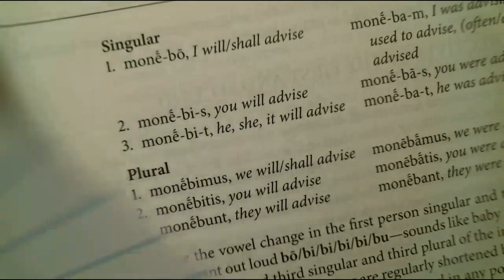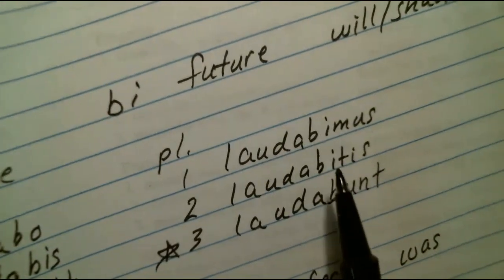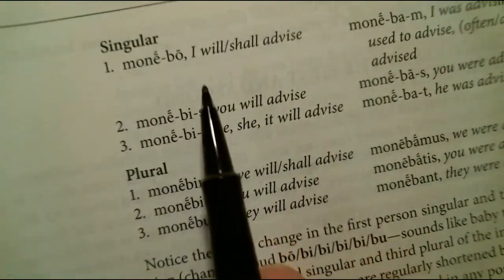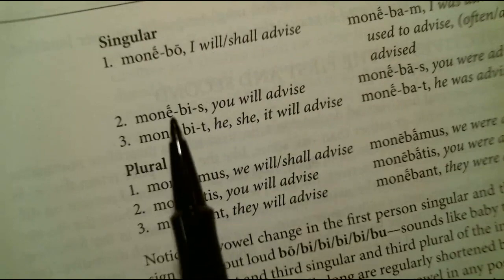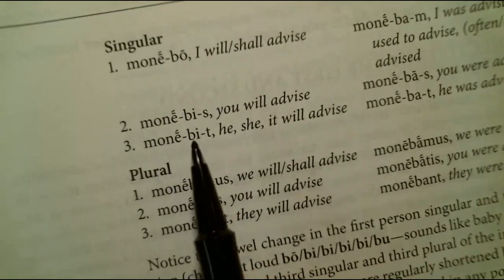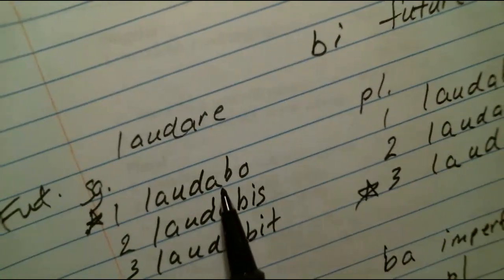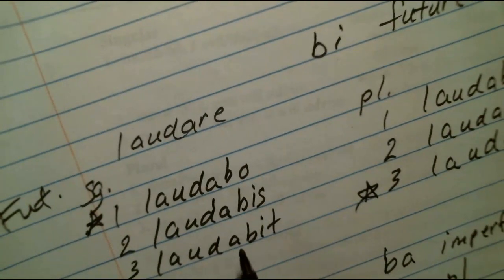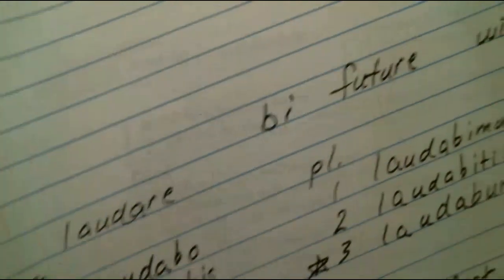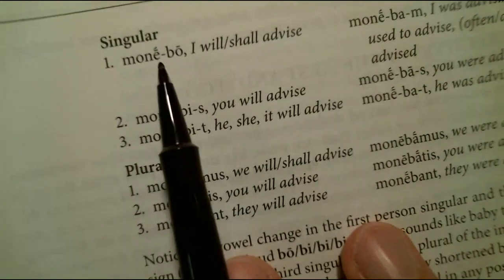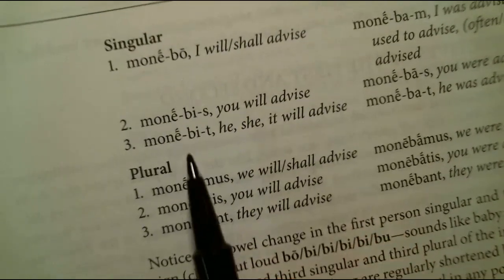So, bo, bis, bit, bimus, bitis, bunt. The only difference is here you have the theme vowel e coming from the second conjugation versus here with laudabo, you have the theme vowel a coming from the first conjugation. And we know it's first conjugation because of the a. We know it's second conjugation because of the long e. Okay? All right, so that's your future.